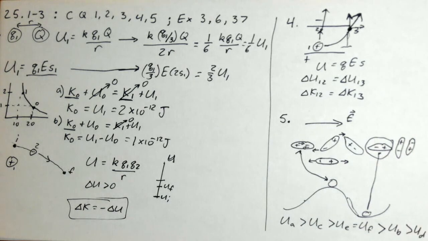Okay. Very good. So those are our concept questions. Now we're going to move on to the exercises. So go ahead, take a look at exercise 3. Okay, exercise 3. What do we have here?